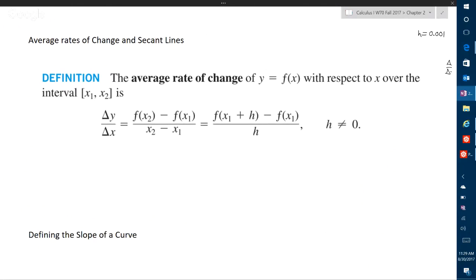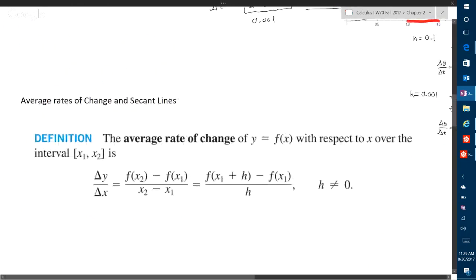It's just with x now instead of t. And instead of using y2 and y1, they're using f of x2 and f of x1. But it's the same thing, exactly the same thing. Let me show you how they end up from this equation here to this equation. You can see how that's derived.